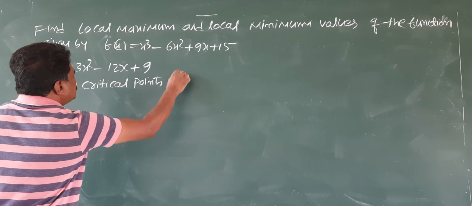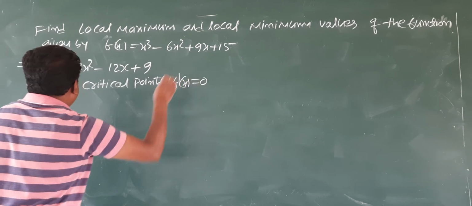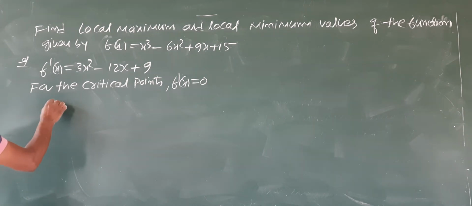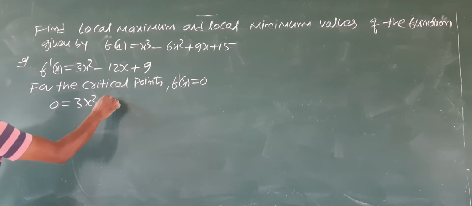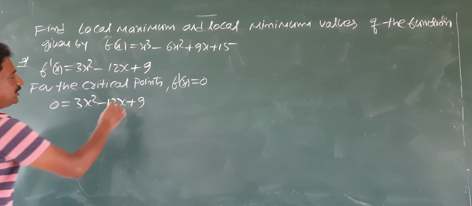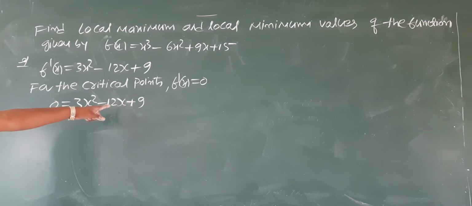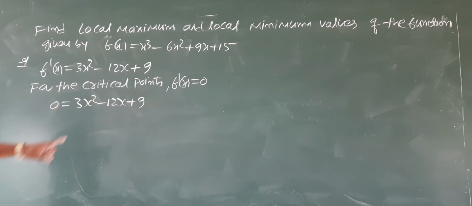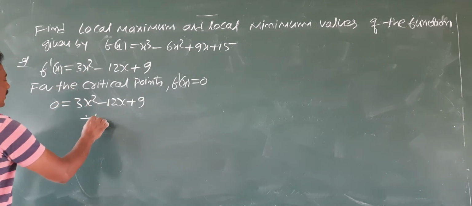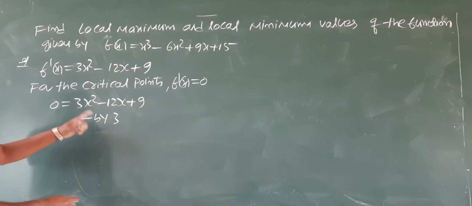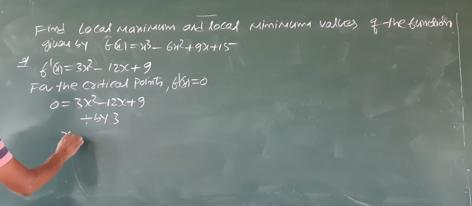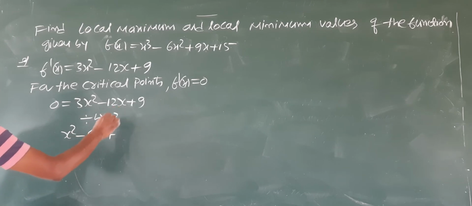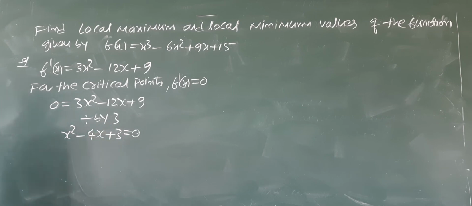So for the critical points, f'(x) equals 0. Put f'(x) equals 0: 0 equals 3x square minus 12x plus 9. Quadratic equation. Divide both sides by 3. x square minus 4x plus 3 equals 0.